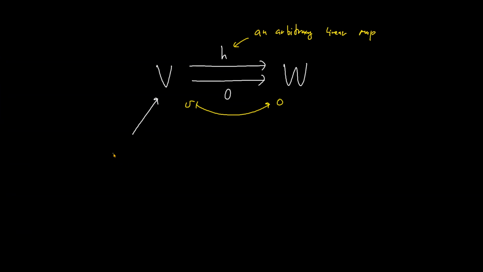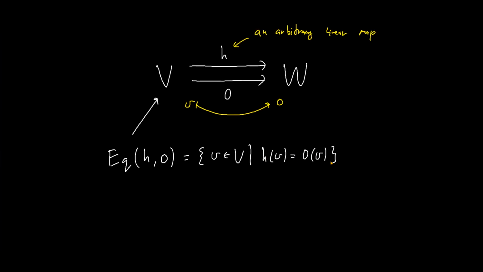What will the equalizer be then? The standard notation for the special case of a limit when it's an equalizer is this. It will consist of all the vectors in V such that h of v equals 0 of v. But 0 of v, of course, is just the zero vector, right? So it will consist of all those v's such that h of v equals 0, and that's of course the kernel of h.